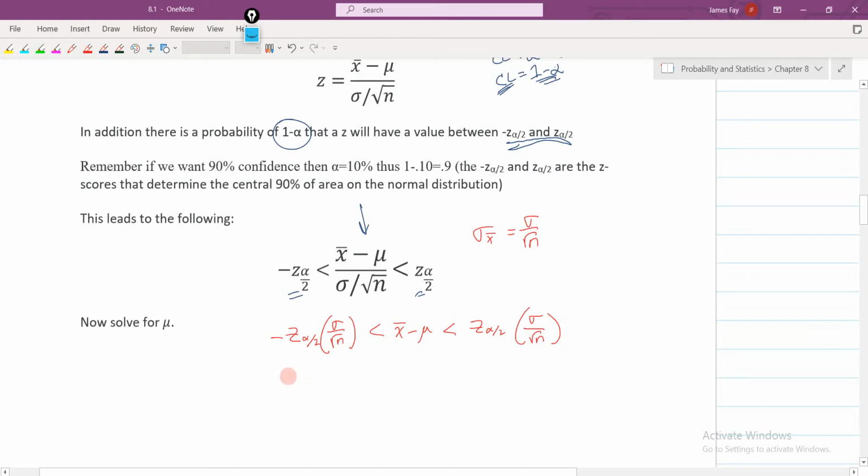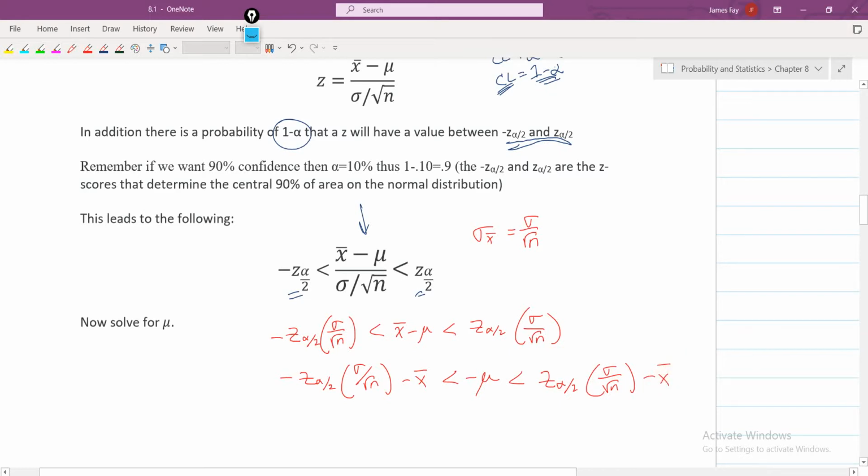Negative z alpha over 2 sigma over radical n minus x bar is less than negative mu, and then we'll have z alpha over 2 sigma divided by radical n minus x bar.